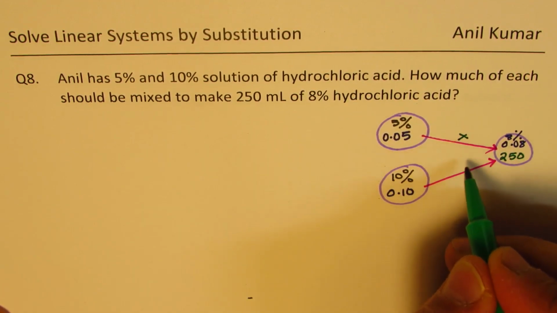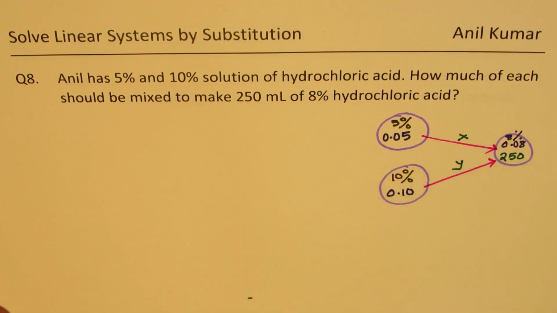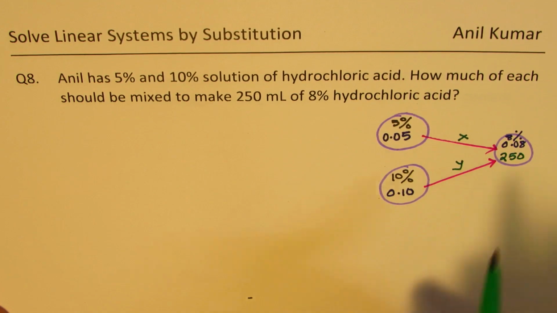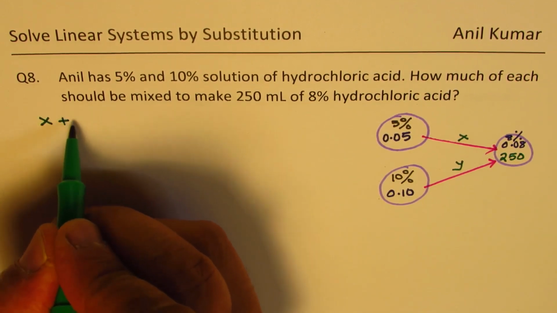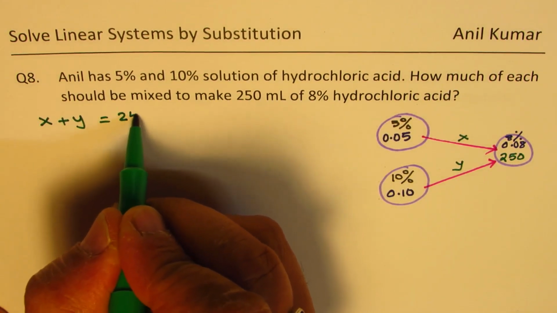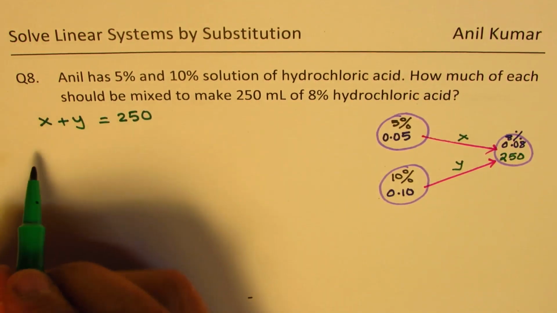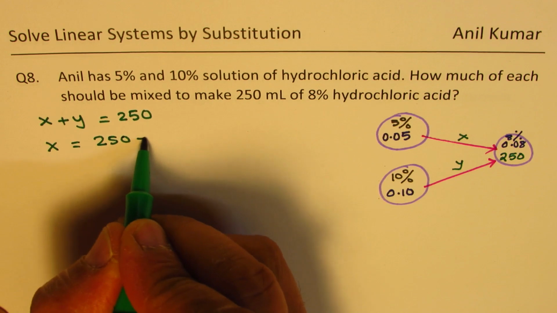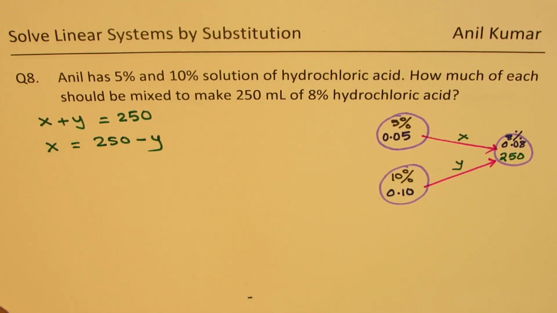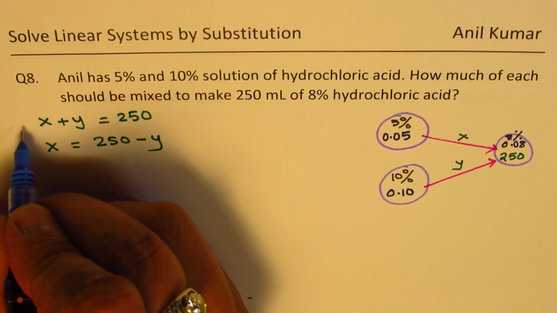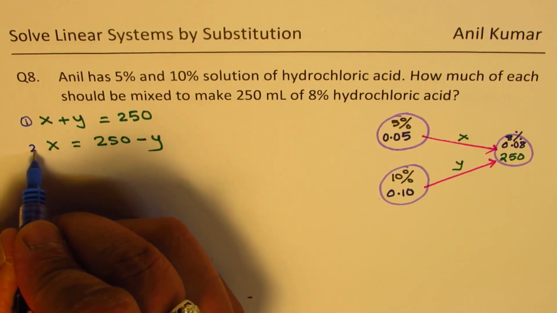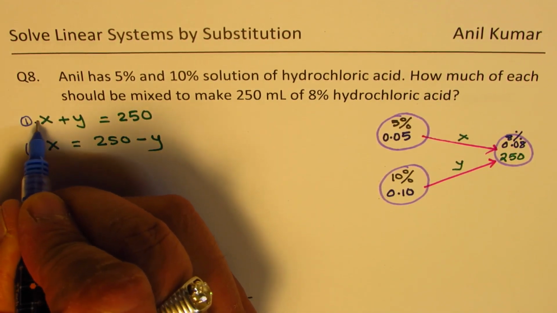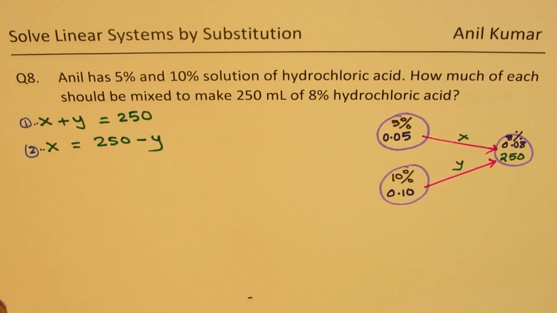Let's say x and y is the quantity of the two. So clearly from here we get one equation, which is x plus y equals 250, and we can eliminate one of the variables, saying x equals 250 minus y, clear? So we get our second equation from one of the conditions, that is, the total is 250.